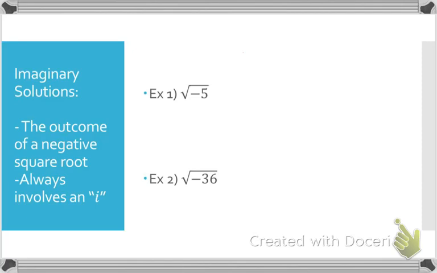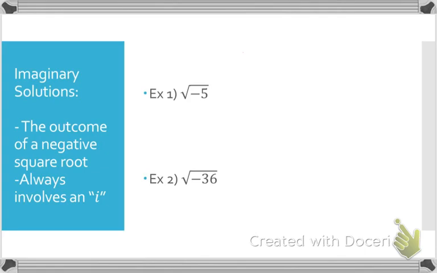All right, let's look at a couple examples here: imaginary solutions and the outcome of a negative square root. It always involves i. For example, if we have the square root of negative 5, technically there's no real solution.